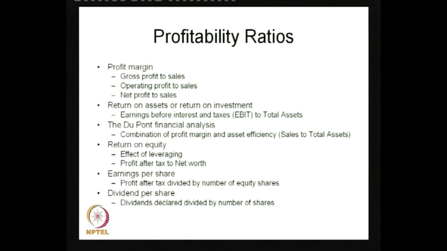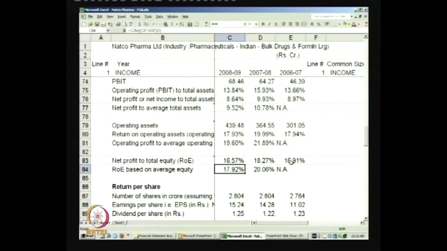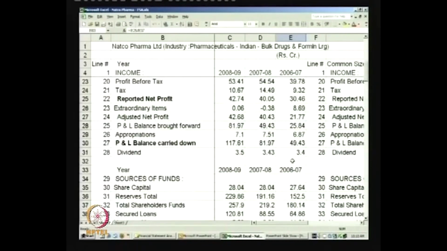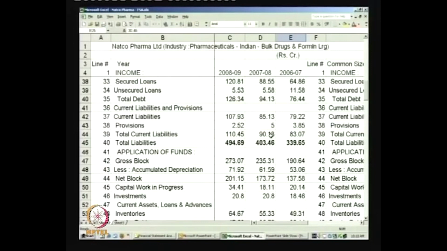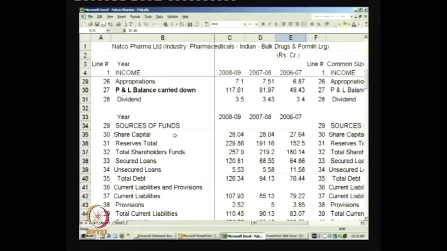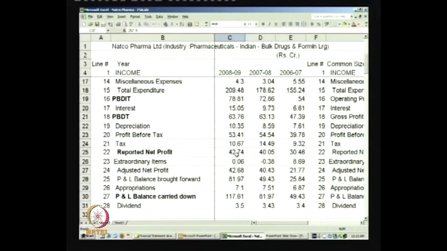So, if you go back to our Excel sheet, we will find the return on equity of this particular company, which was 16.91%, based on profit after tax, that is the reported profit of 30.46, on equity of the company, that is total shareholders' funds, given as 180.14 in 2006-7, and similarly 257.9 crore in 2008-9, and this is the denominator, whereas the reported profit of the company is 42.74.